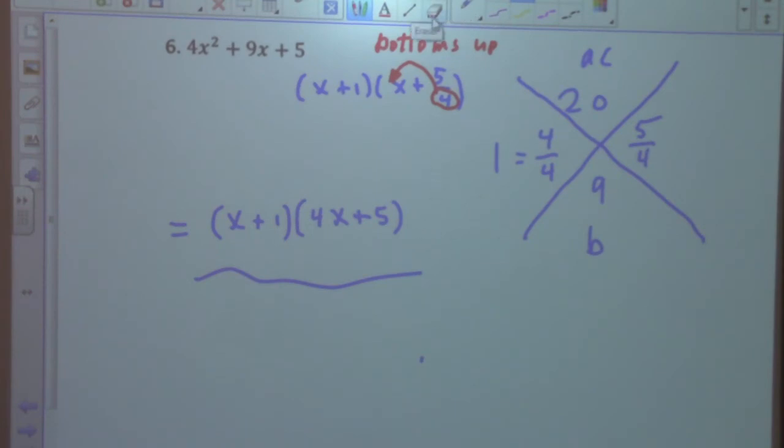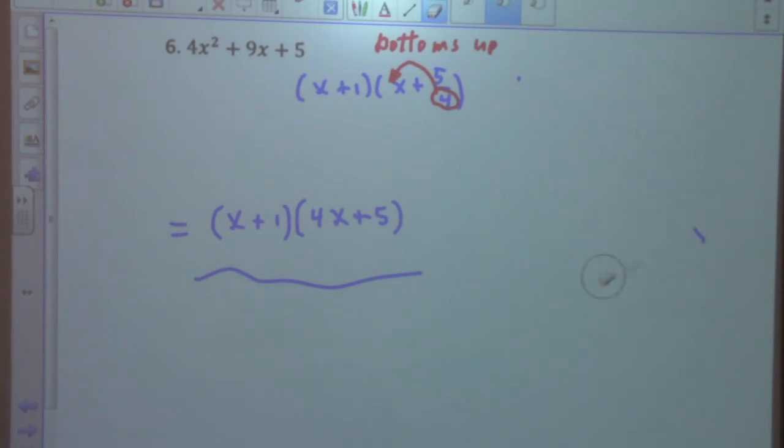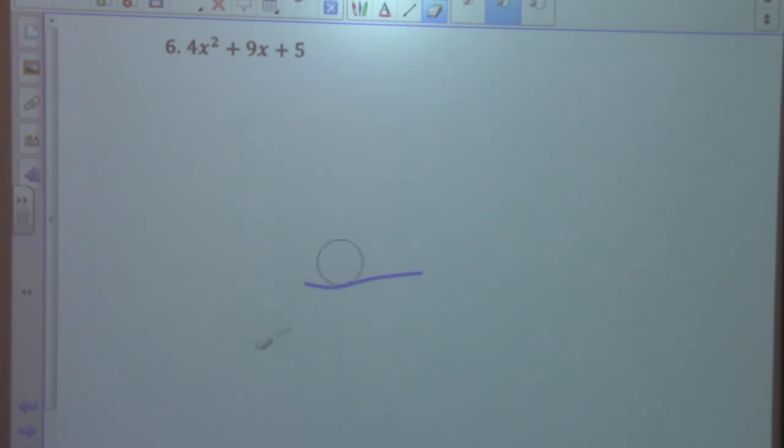All right, let's go on to the next one here. Another thing you can do, and before I became a professional math teacher, I used to factor this thing just by trial and error. I would put 2x and 2x and work back and forth.